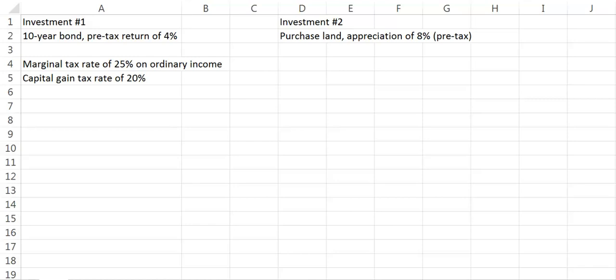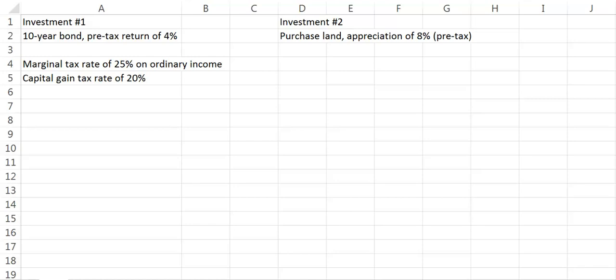We have a 10-year bond, and that bond is going to give us a pre-tax return of 4%. Or our other investment is that we're going to purchase land. We're going to hold it for 10 years and then sell it, and we're going to get an appreciation of 8% pre-tax on the land.